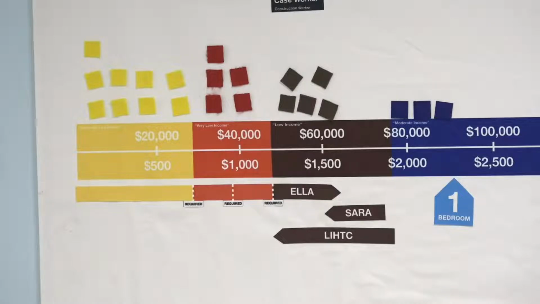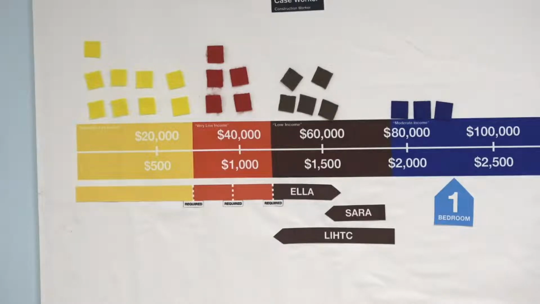The way they might win one is by how much affordable housing they provide in their plan. Under the basic formula, they either have to make 20% of the units affordable for families at 50% of MFI, or 40% of the units affordable for families at 60% of MFI.